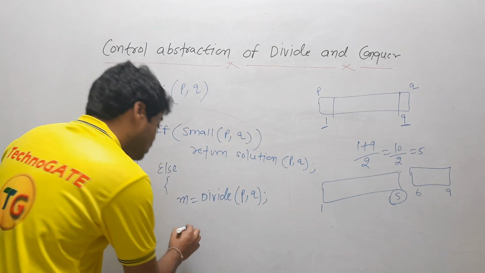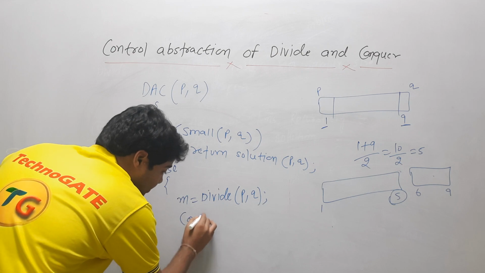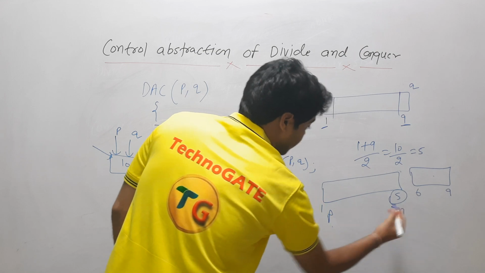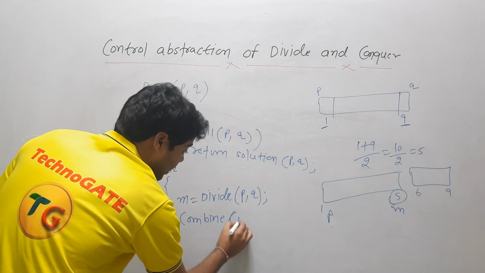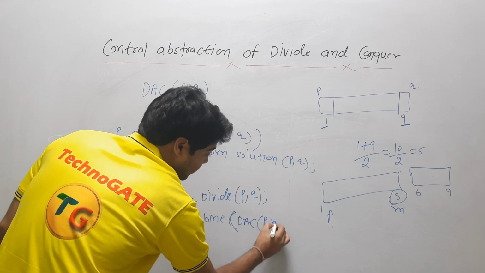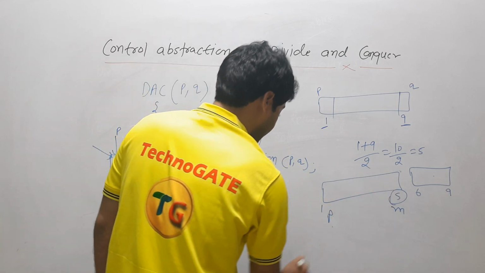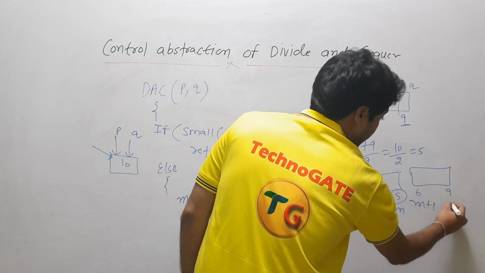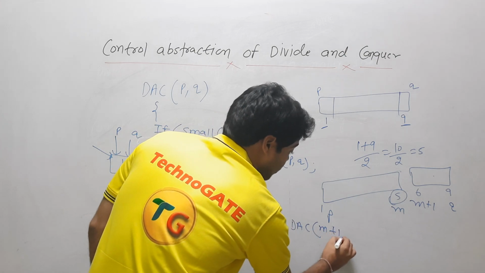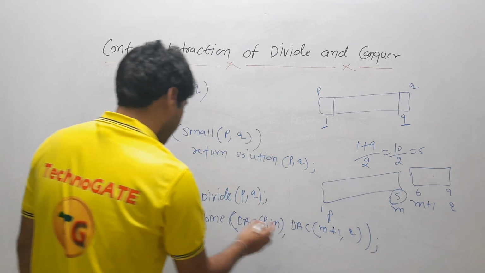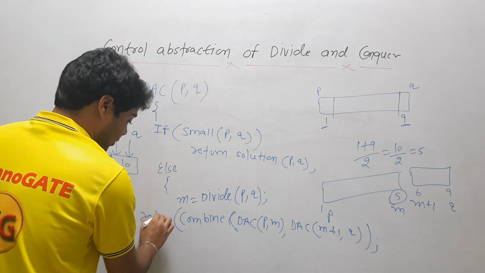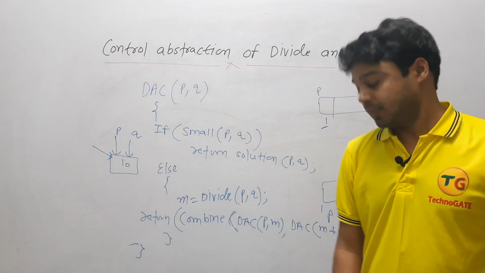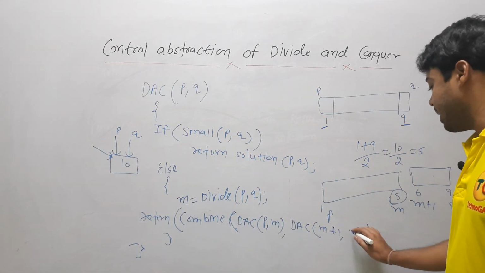So combine what here? Divide and conquer from starting to mid, comma, mid plus 1 to q here, and return the whole solution. This is how divide and conquer works.